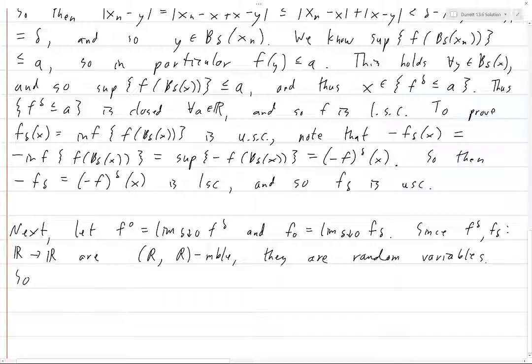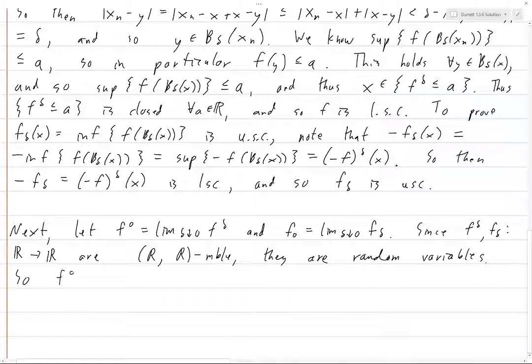And we know that they are measurable by theorem 1.3.5, because f upper delta and f lower delta are semi-continuous functions, and 1.3.5 tells us that semi-continuous functions are measurable.